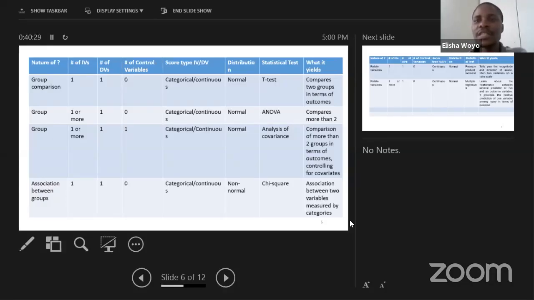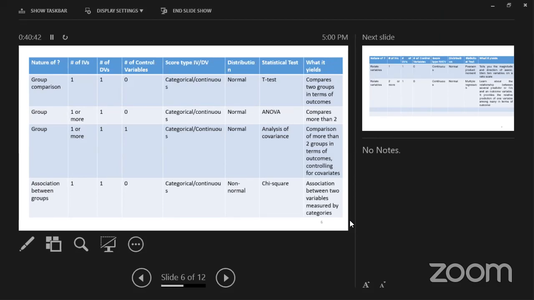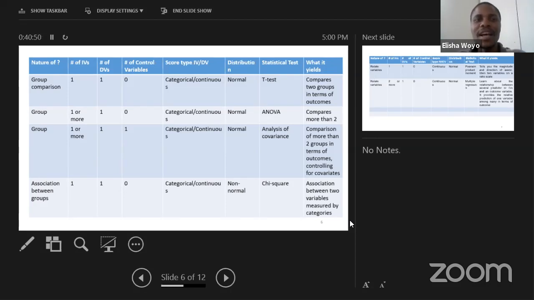So if the nature of the research question is about making group comparisons, comparing male with female, undergraduate with postgraduates, primary school with high school, and you have got one independent variable and one dependent variable, and there is no covariance, and the score type of your independent and dependent variable is categorical, or it could be continuous, and the distribution of your scores is normal, in that bell curve, then the statistic you should use to analyze that data, if the research question is about comparison of groups, is the T statistic.